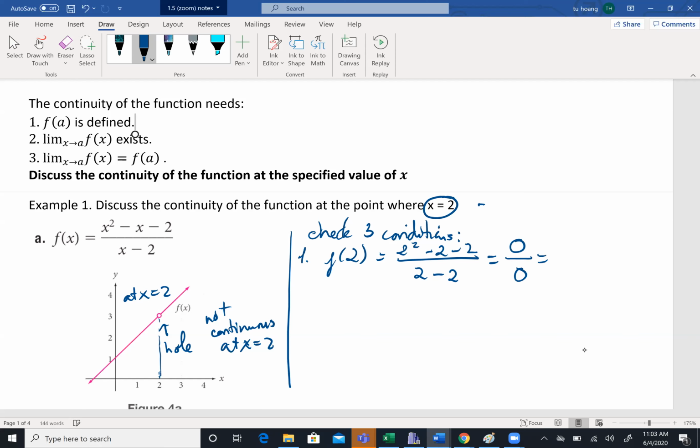This is undefined. Since it's undefined, then it does not exist.